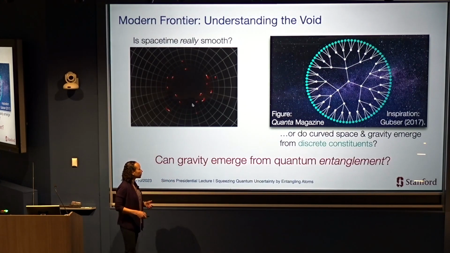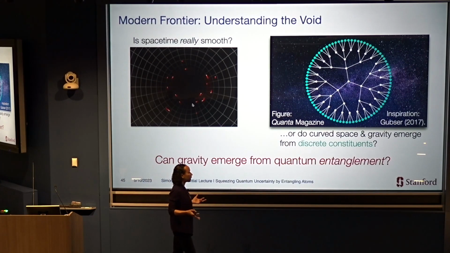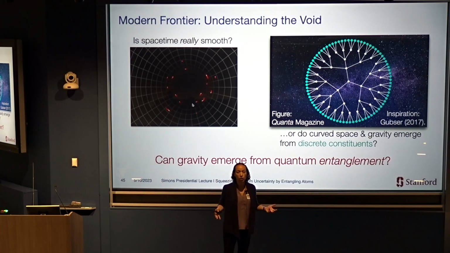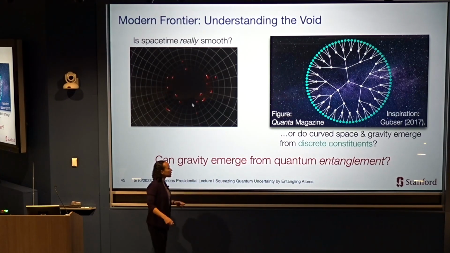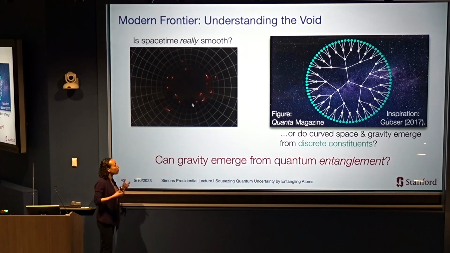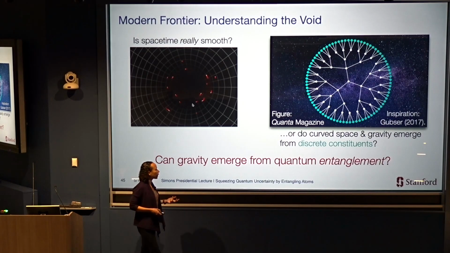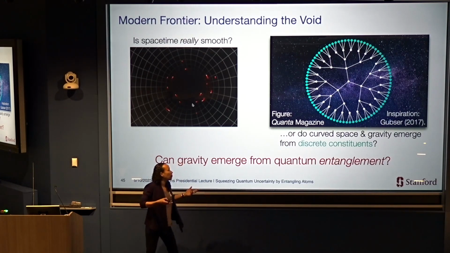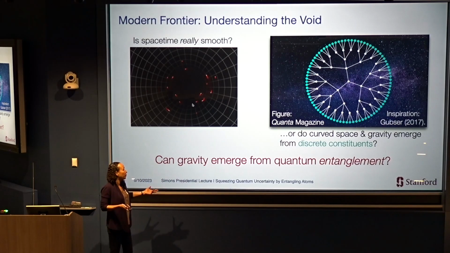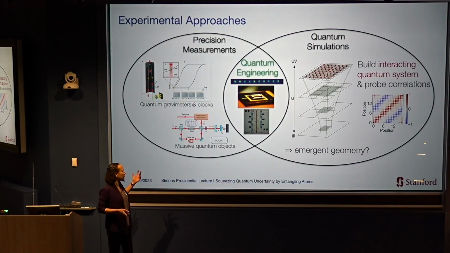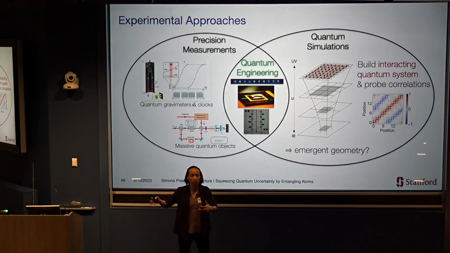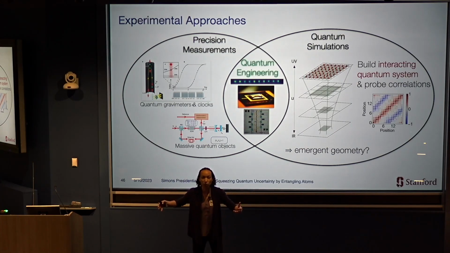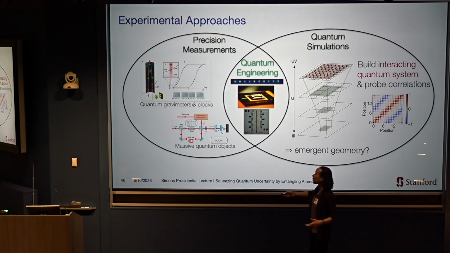So this idea that gravity might emerge from quantum entanglement is a subject of intense theoretical inquiry that so far has been hard to test in the lab. If you want to test it, one approach is precision measurements: build very precise measurements of gravity in a regime where quantum mechanics plays a role.